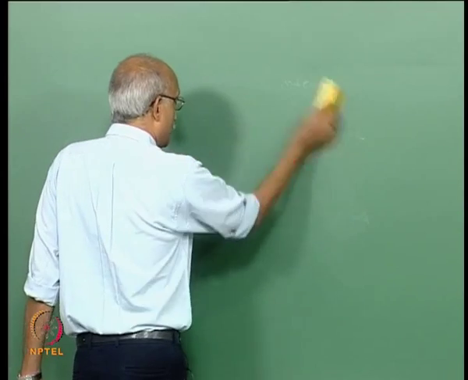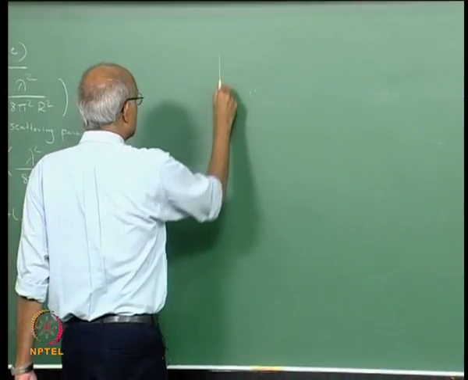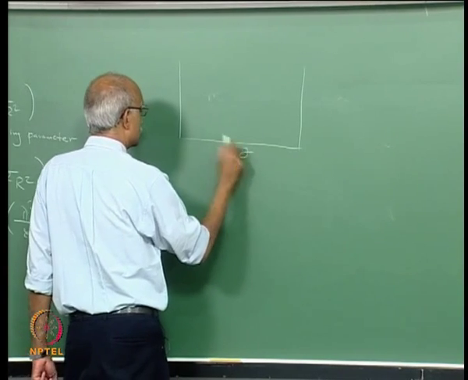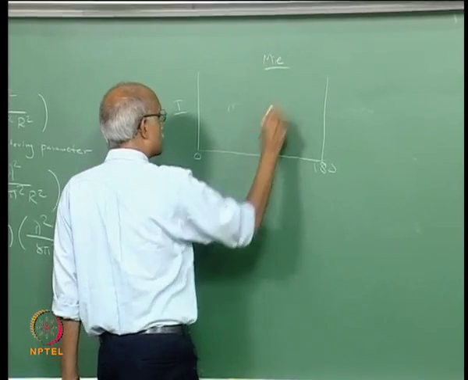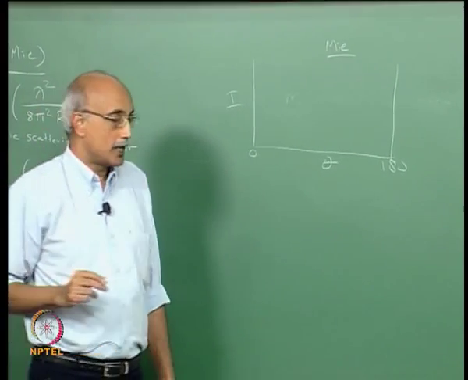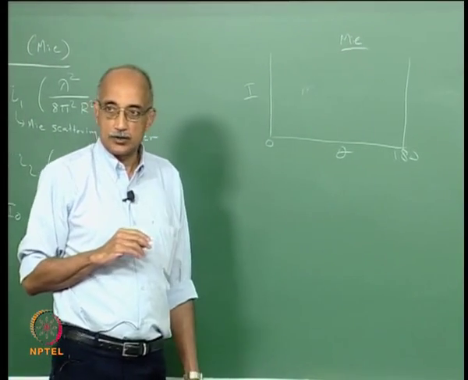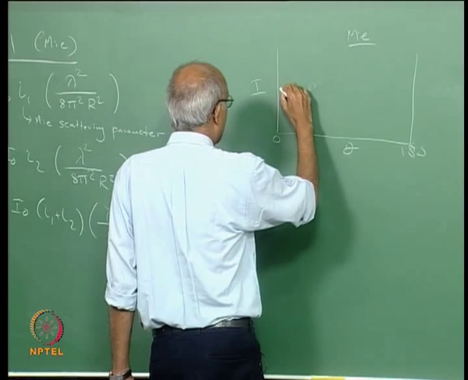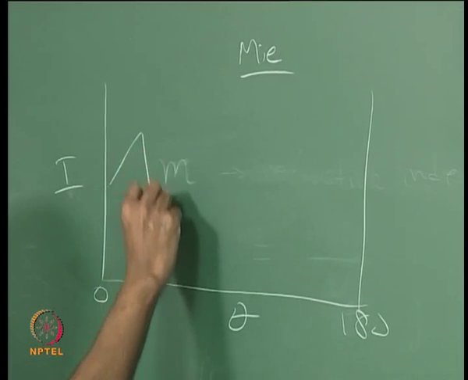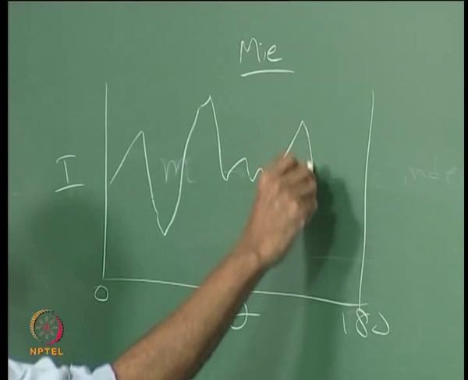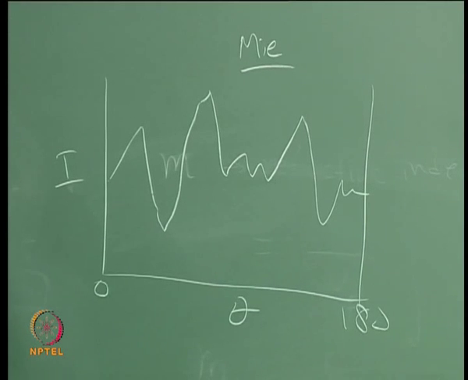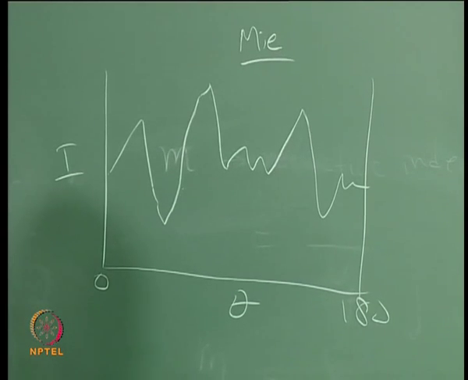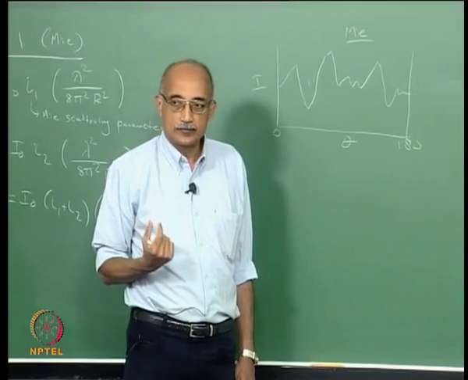And so, if you try to plot, for example, theta versus I in the Mie scattering regime, the relationship that you see will not be as clear cut as what we saw in the Rayleigh scattering regime, but it will actually show a lot of scatter and also non-monotonic behavior, which is roughly cyclical in character when you go from 0 to 180, and it will have a significant dependence, as I said, on the actual materials that are under consideration.